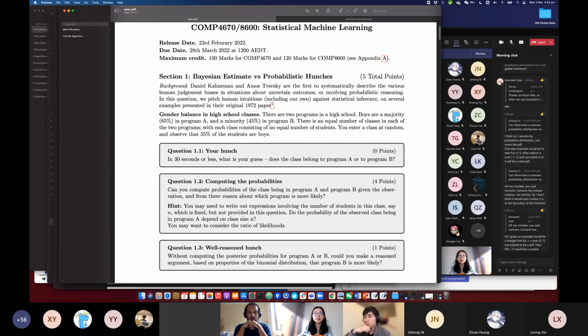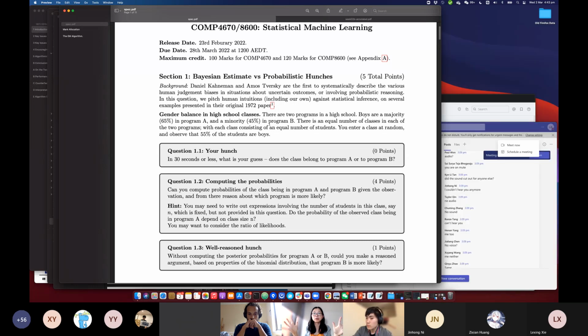In this case, there are 2 models. One model has boys as the majority, the other has boys as the minority. If we have 2 classes of equal size and observe a fraction that's right in the smack middle, which of these is more likely?